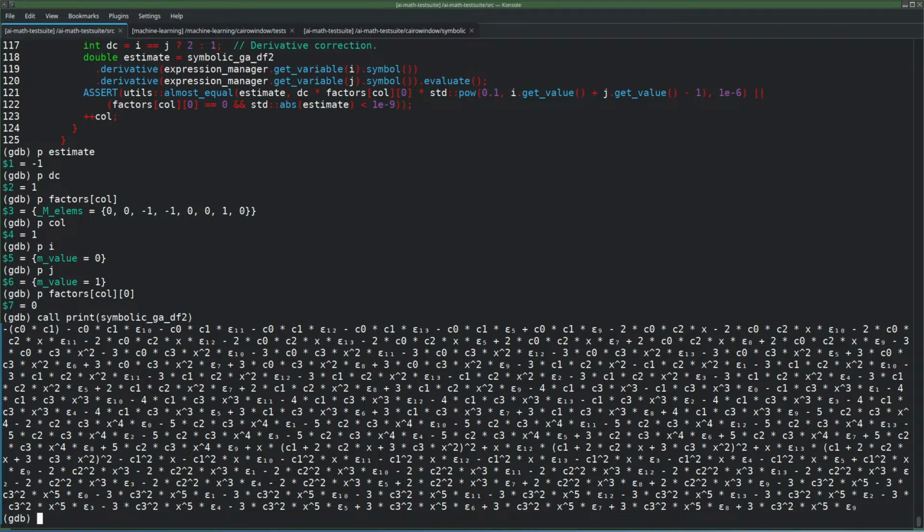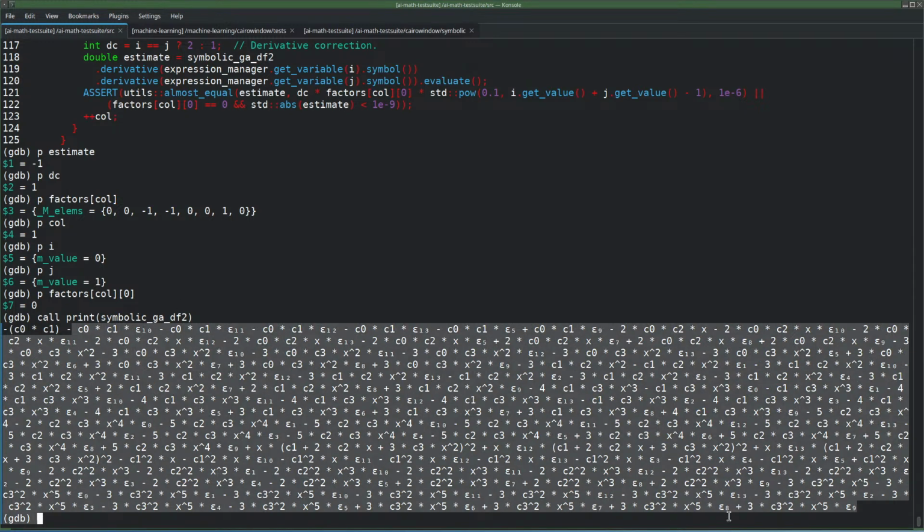That is, all epsilons should be set to 0. Actually, I commented it out. But they should be, which means that all of this is 0.